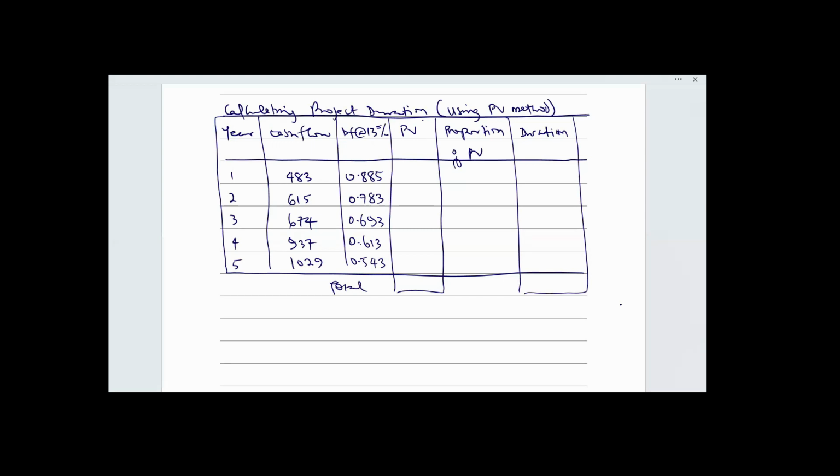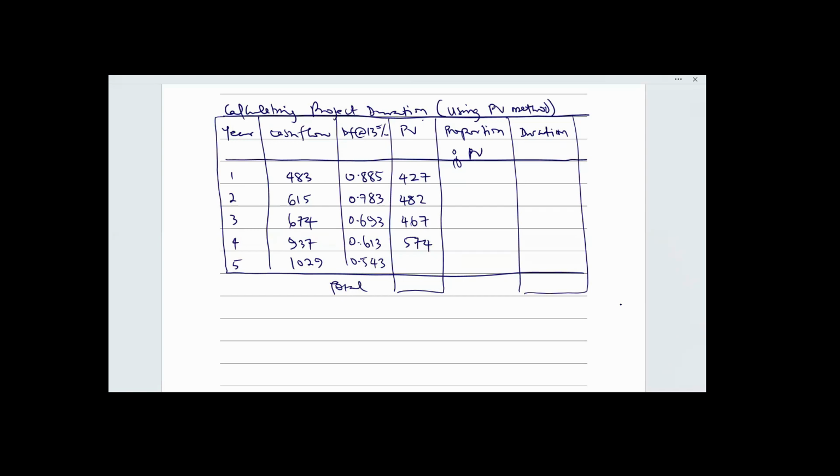What do you get? What's the present value for year 1? 427. Year 2, 482. Year 3, 467. Year 4, 574.